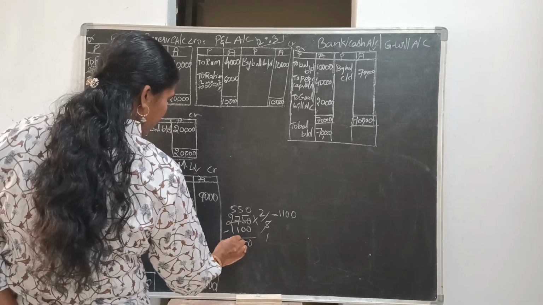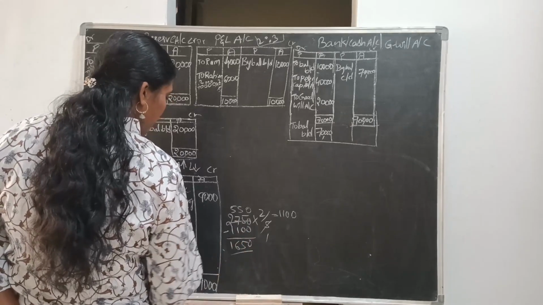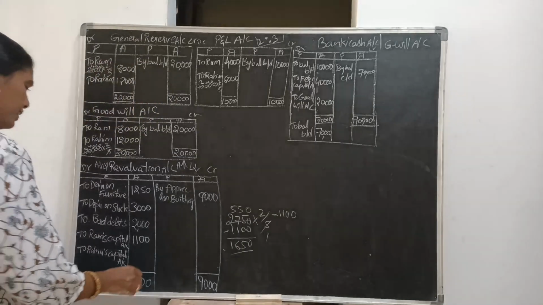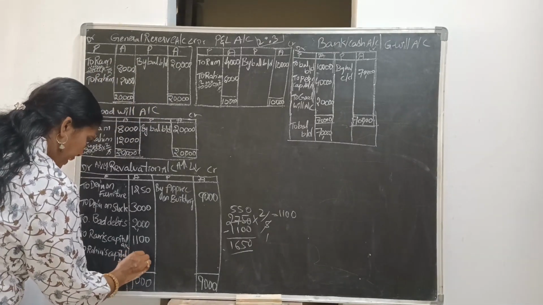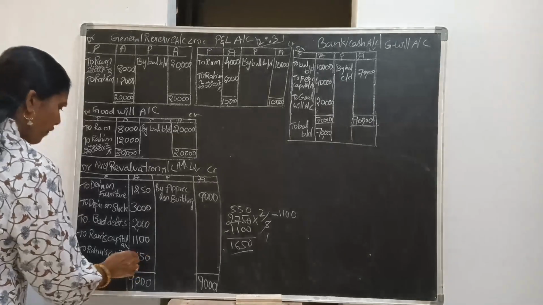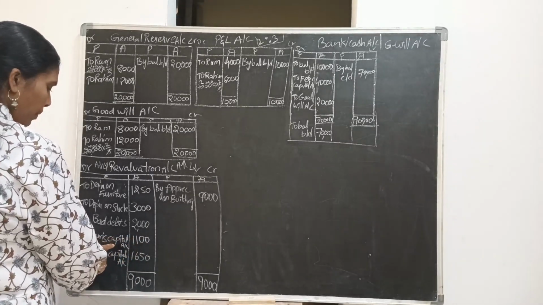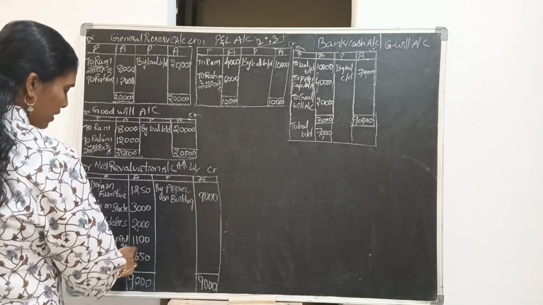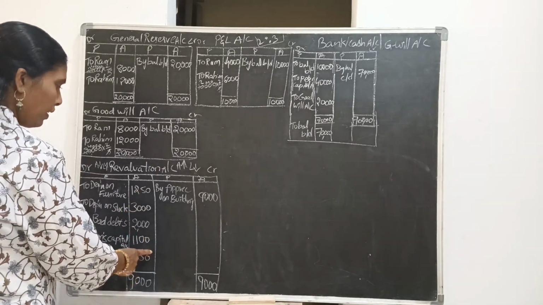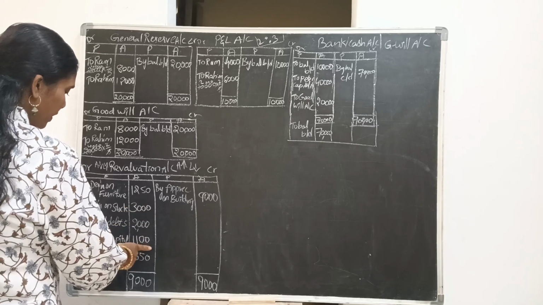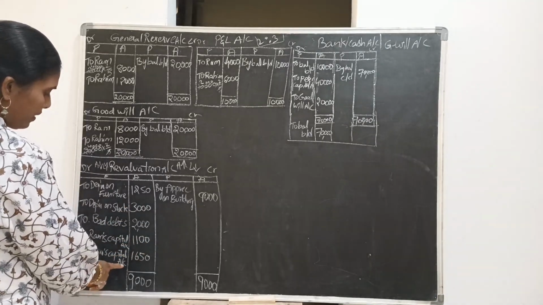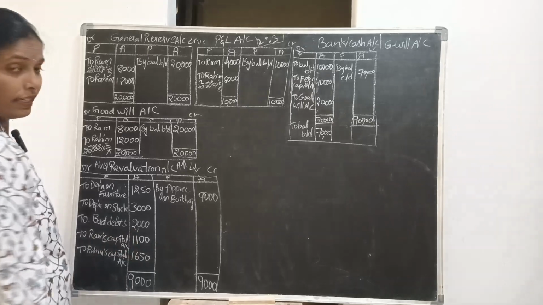What is the leftover amount? 1650. 1650 is the remaining Rahim's profit. Okay, revaluation profit. Write this in the inner column, and the total 2750 you can show in the outer amount column, because there is no space, so I'll write it separately.